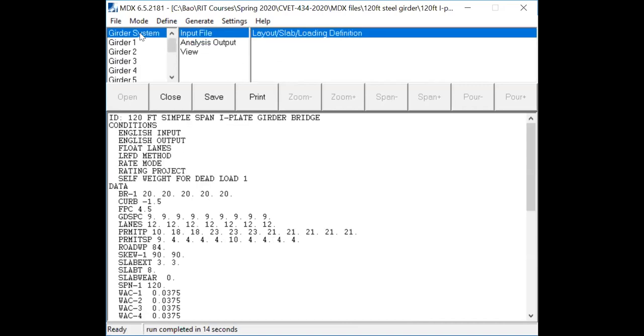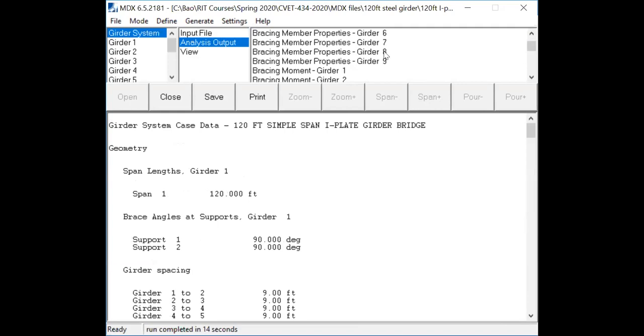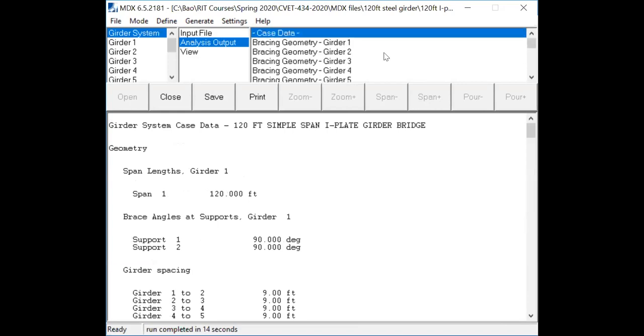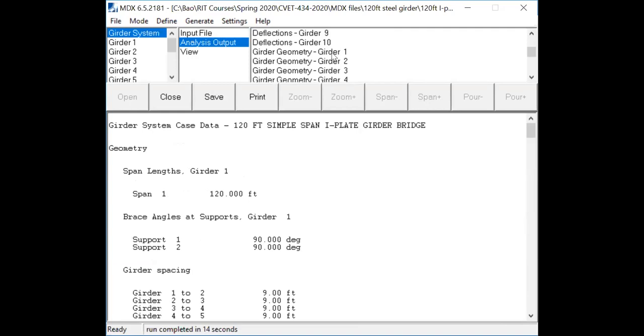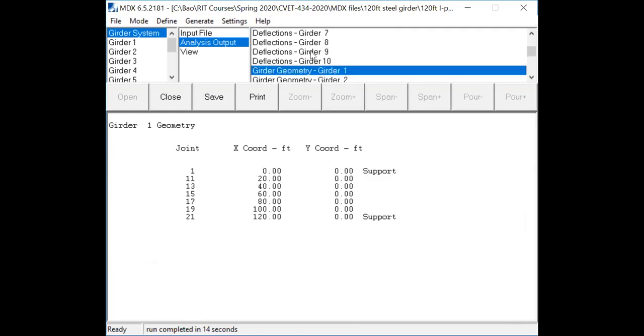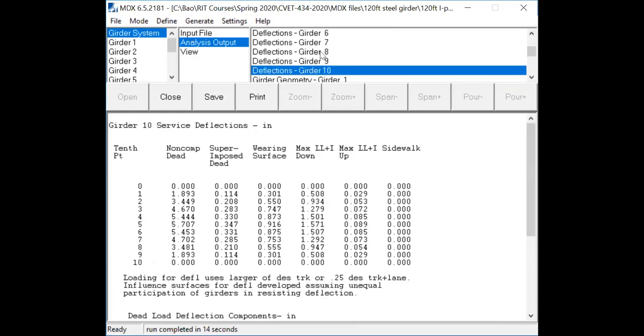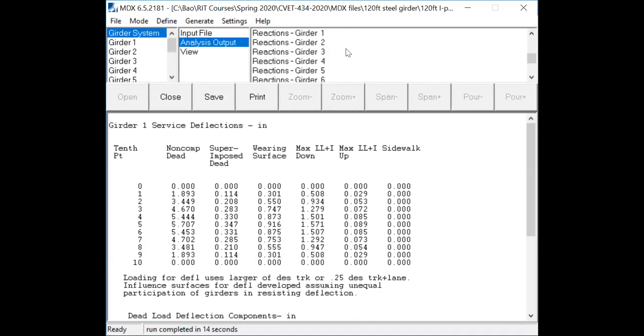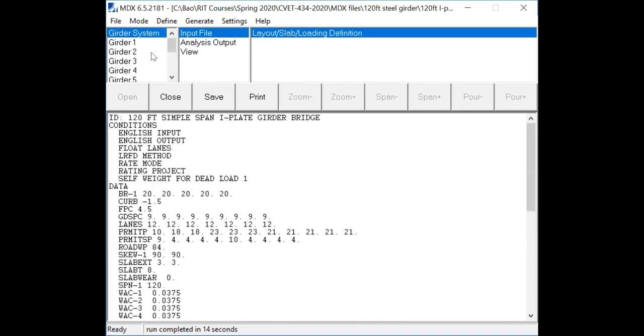If you go to the girder system, you can find the deflection summary, and we can also find the input file.